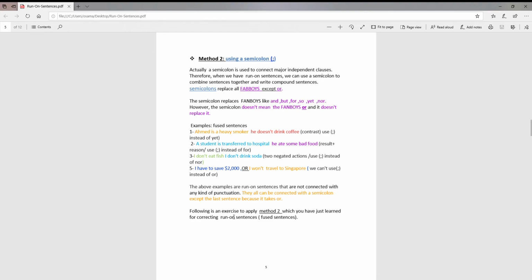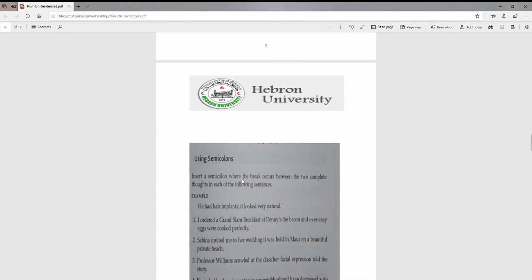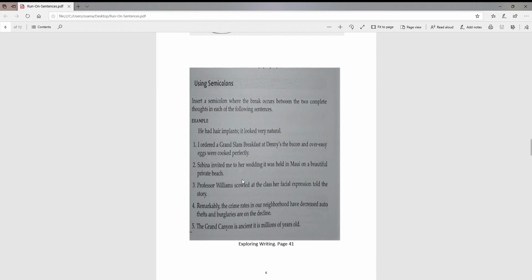Following is an exercise to apply method 2, which you have just learned, for correcting run-on sentences, fused sentences. Okay, we have this exercise, and we will do what you did for the previous exercise.